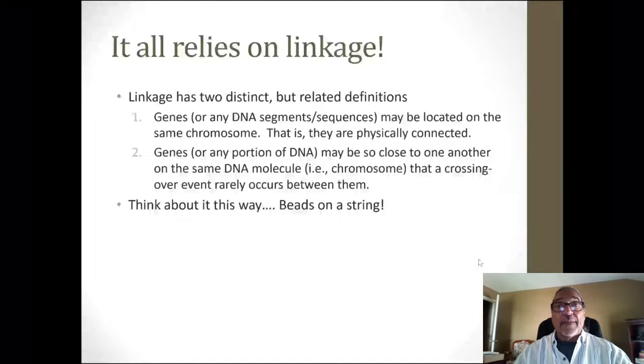If they are on the same molecule, then they are physically connected. Alternatively, these portions of DNA, whether they're genes or just characteristic sequences, can be so close to one another on the same molecule that a crossing over event rarely occurs between them.